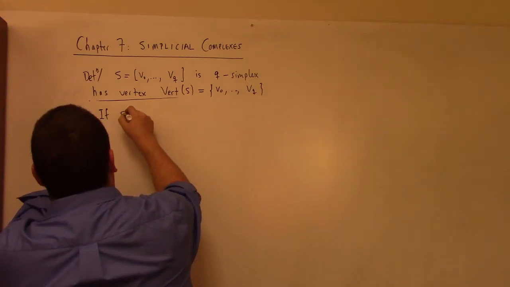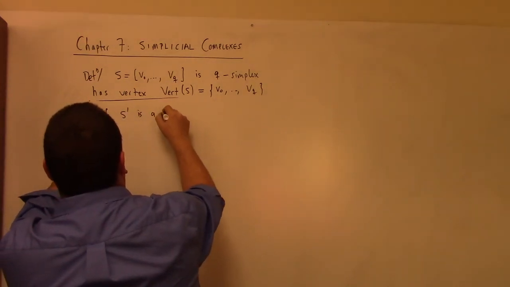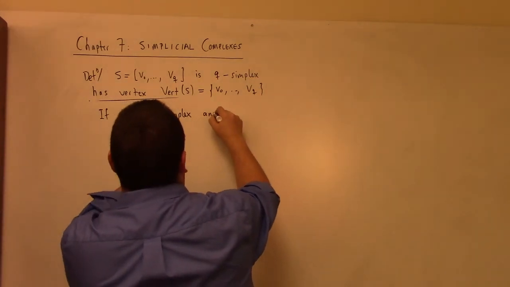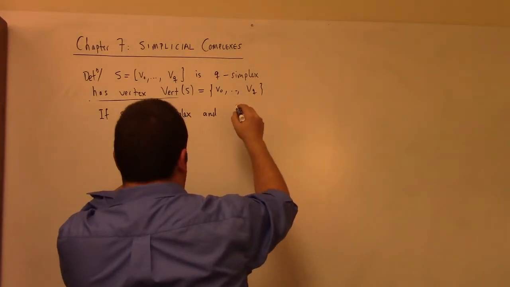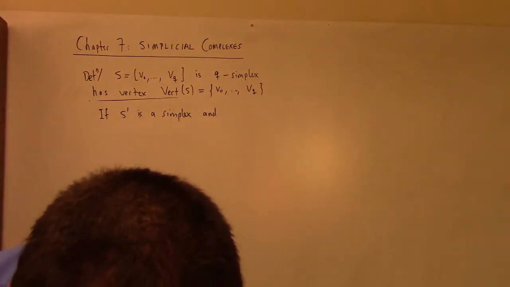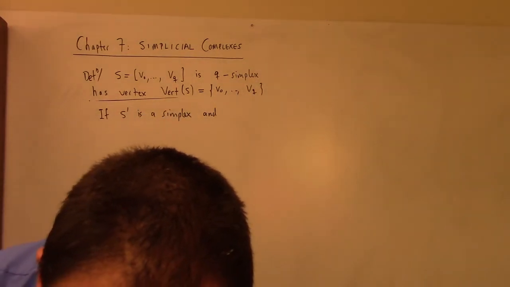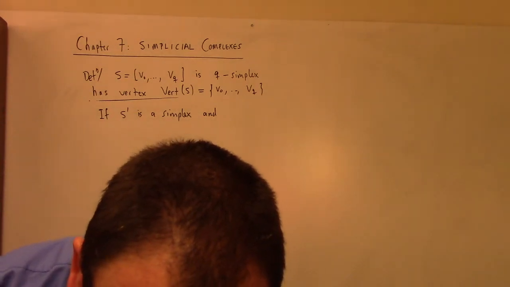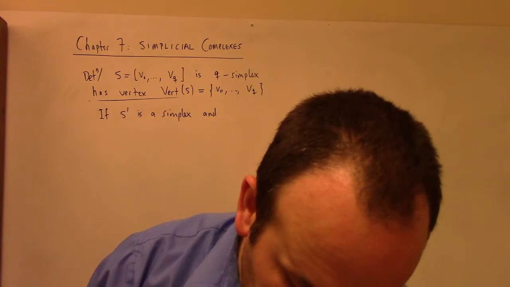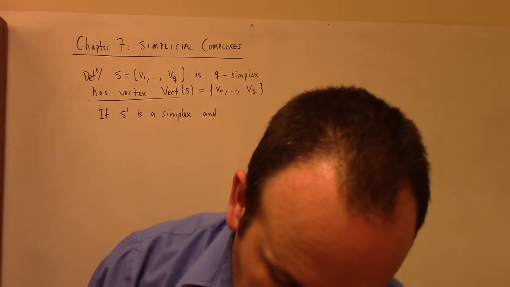If S prime is a simplex, I just need that the vertices of S prime are a subset of the vertices of S. Oh, right.